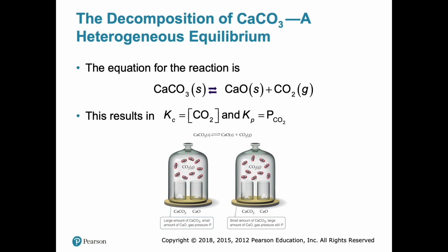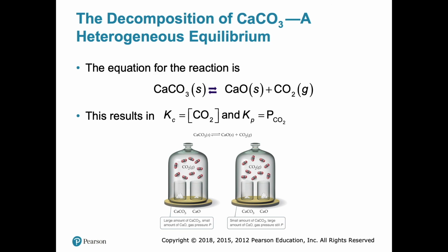So the point of this is that no matter how much calcium carbonate or calcium oxide you have, the pressure of the heterogeneous equilibrium gas will always stay the same. Does that make sense? You could have a tiny bit of calcium carbonate and a whole bunch of calcium oxide, and it will still be, let's say, 9 as the pressure.